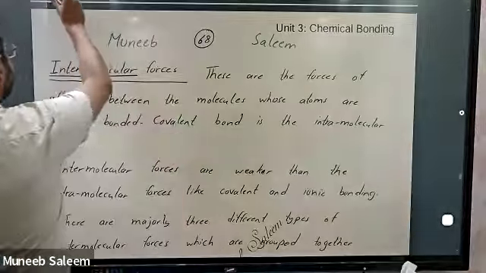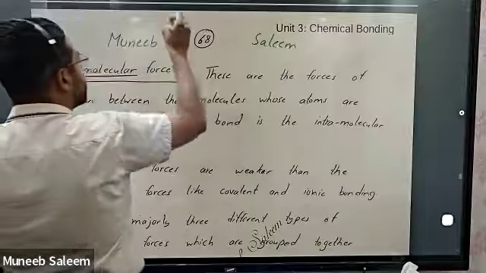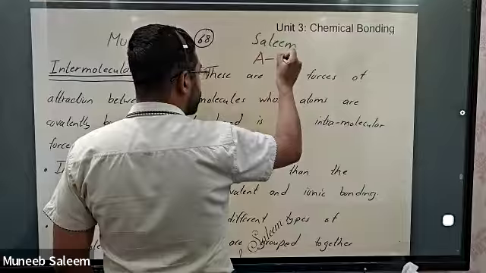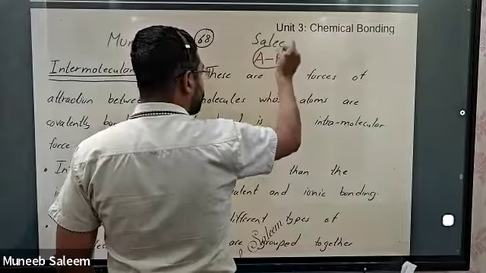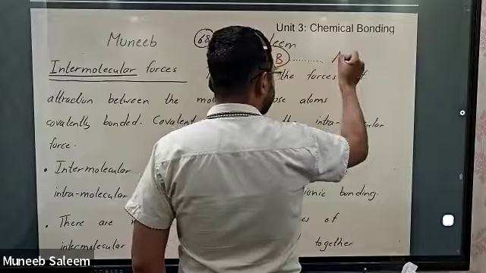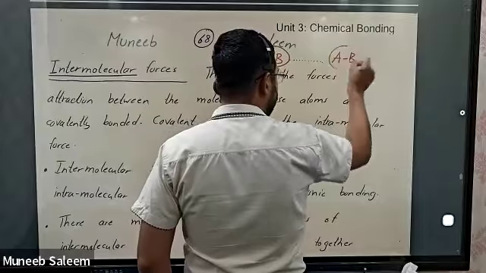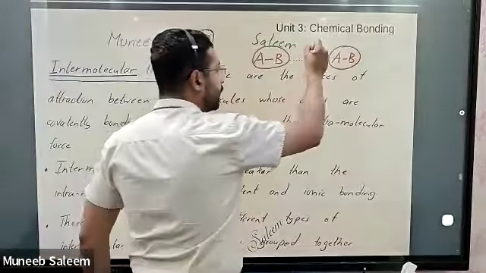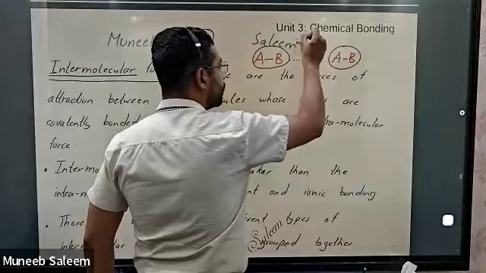So let's suppose we have an AB molecule which is bonded through a single covalent bond, then this AB molecule will be bonded with another AB molecule like this. This type of dotted bond will represent the intermolecular force.